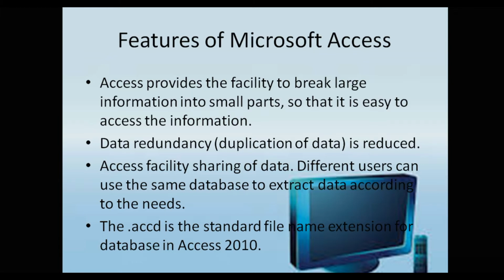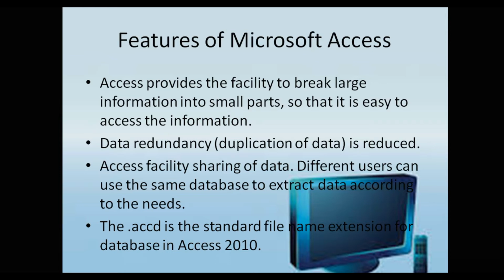We can do searching, we have already known that. Now we have already studied many things, like in Word, when we save a file, it is saved with the extension .docx. Similarly, in MS PowerPoint, it is saved as PPTX. So in MS Access, the file is saved with the extension .accdb.